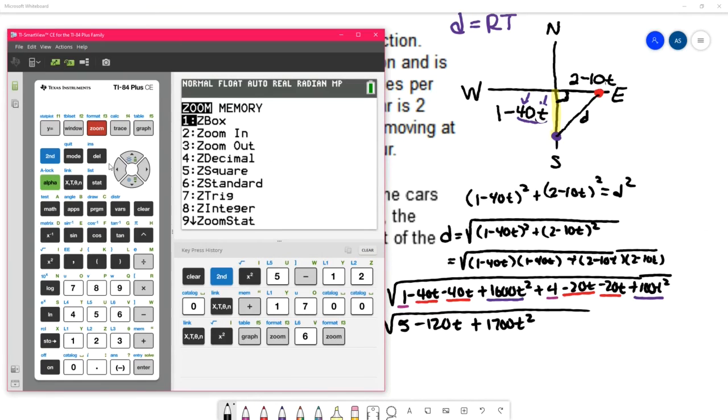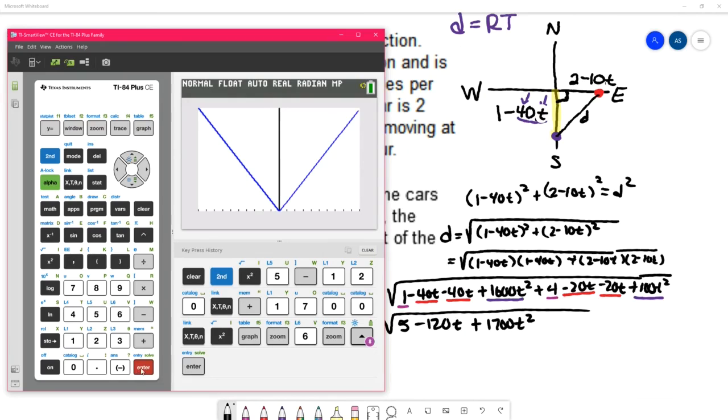I'm going to hit zoom, and I will use, see, it might be at the bottom, so I'm going to hit up to get to the bottom of the list. Okay, I'm going to use this one here, zoom fit. Zoom fit is when your calculator tries to figure out what the window should be. It doesn't always work exactly how you want it, but it'll make a guess. So I'm going to try that.